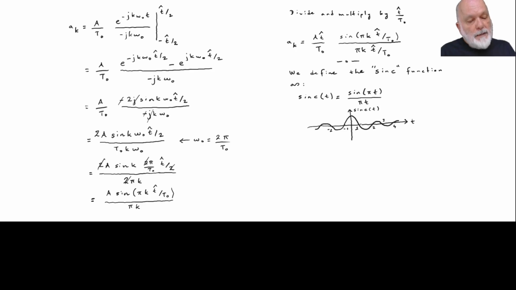Now, if we compare the definition of the sinc function with our expression for the Fourier coefficients of the rectangular pulse train, ak, the coefficients turn out to be A T cap divided by capital T0 times sinc(k T cap over T0).